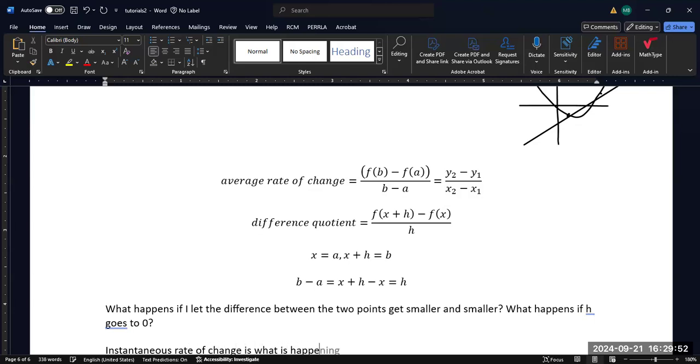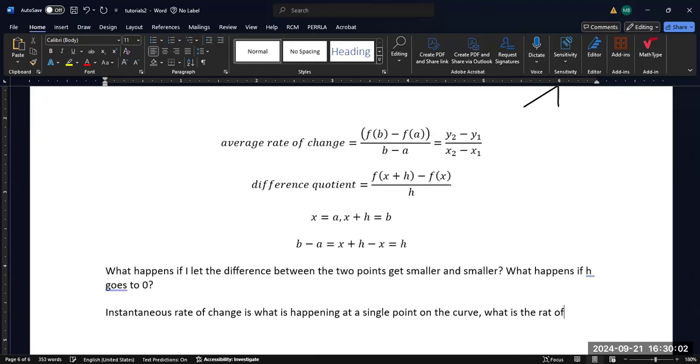is what is happening at a single point on the curve. What is the rate of change at a single moment, at a single point, a single value?